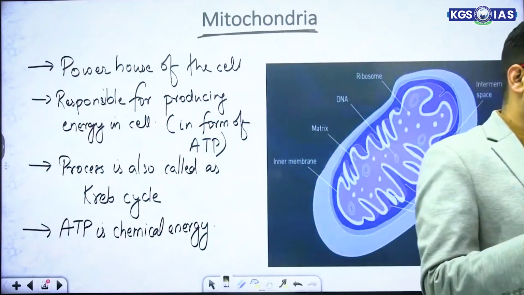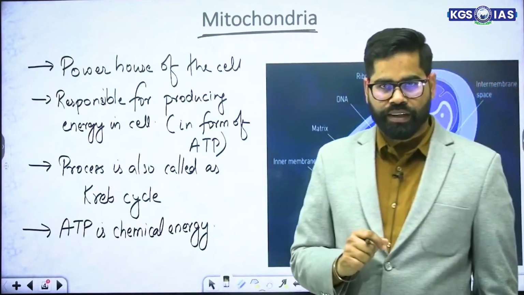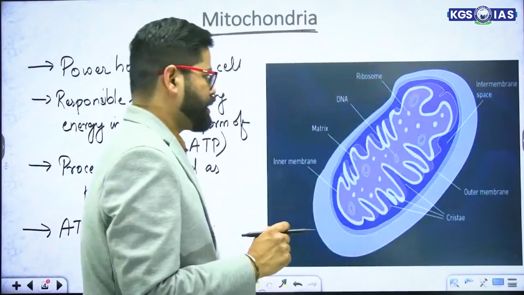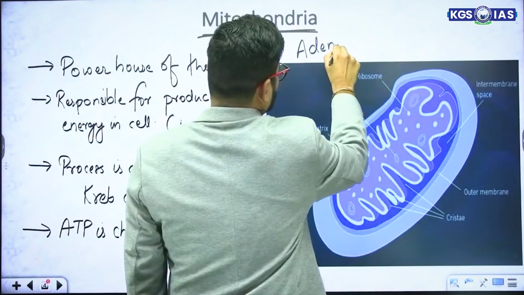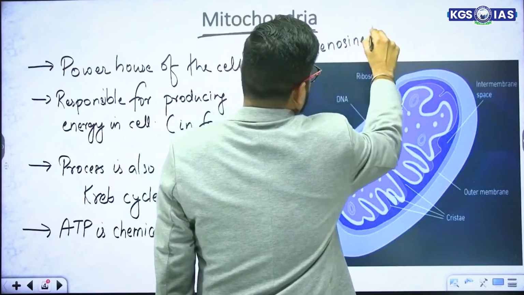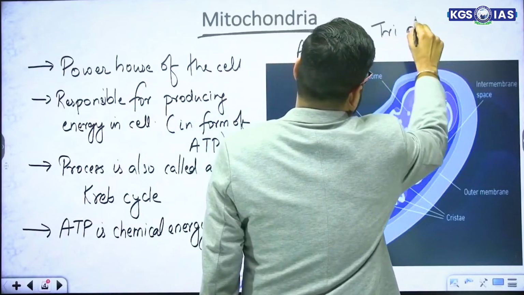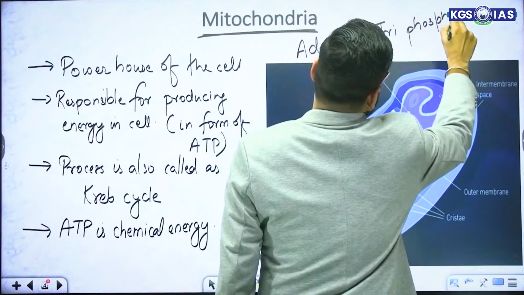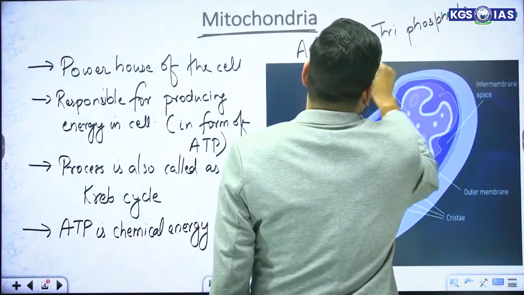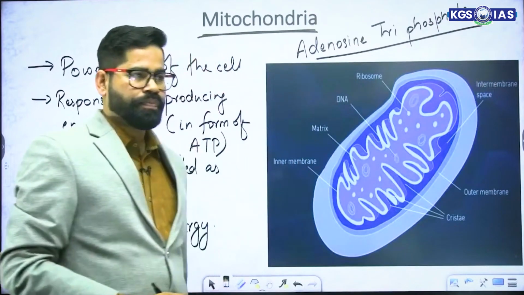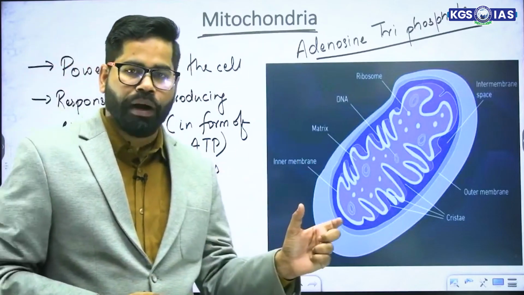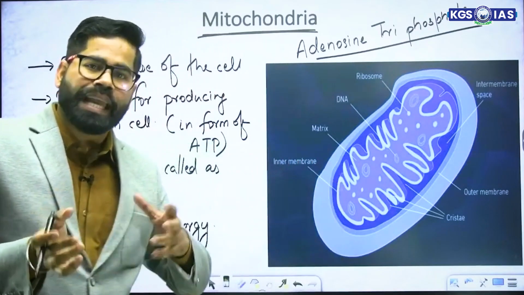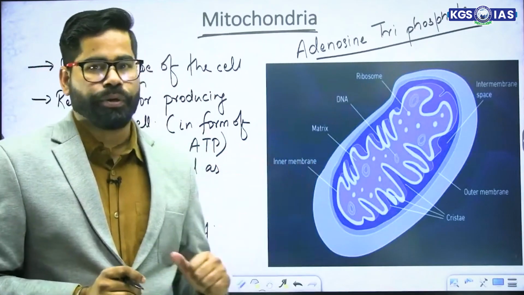ATP stands for adenosine triphosphate, that is the full form. It is basically a compound, a chemical form in which energy is stored.